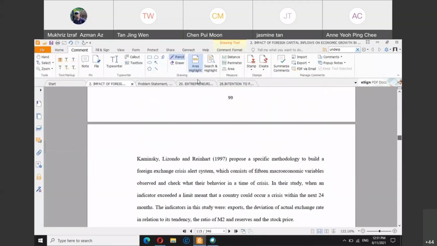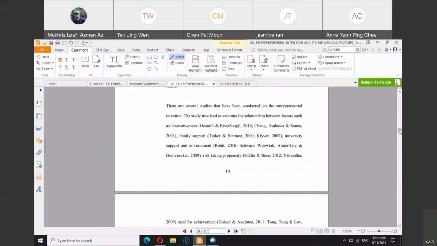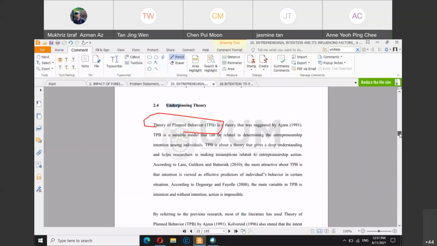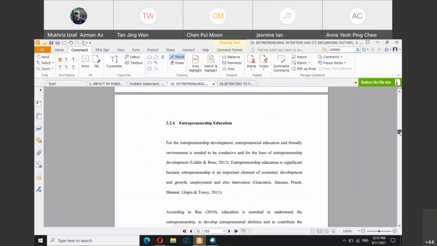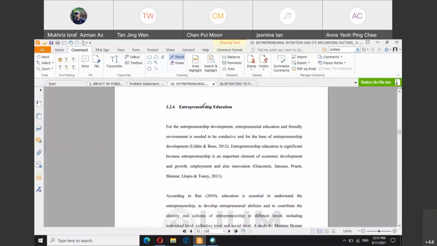Okay, let me go through one example from this thesis. For example, this one, entrepreneurship education. We know that education is one of the factors that can promote entrepreneurial intention.